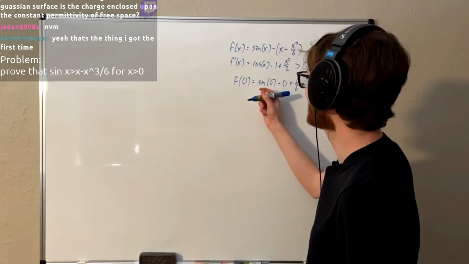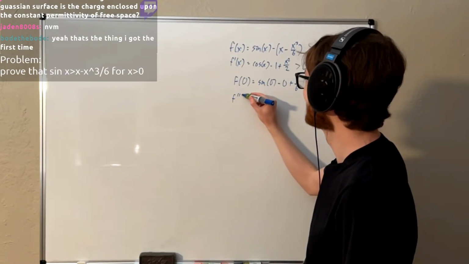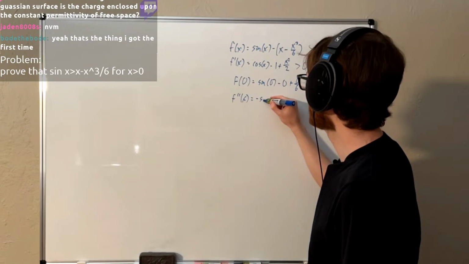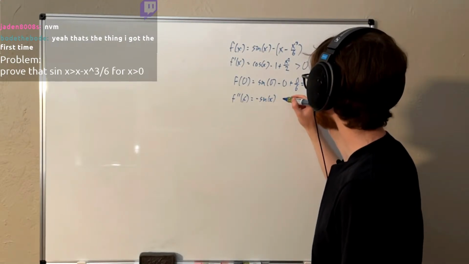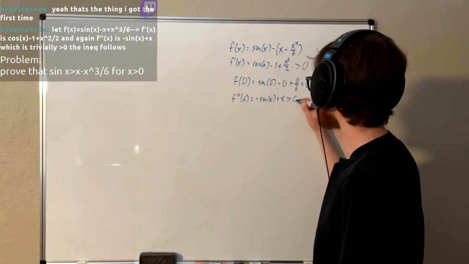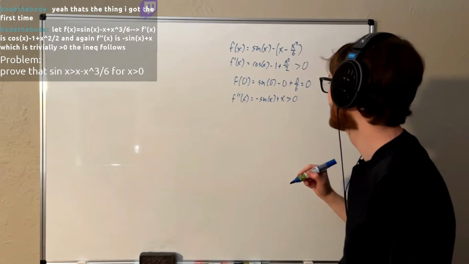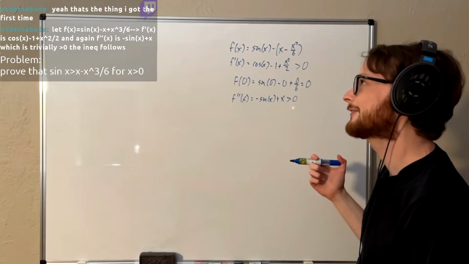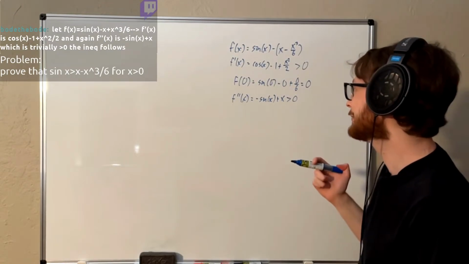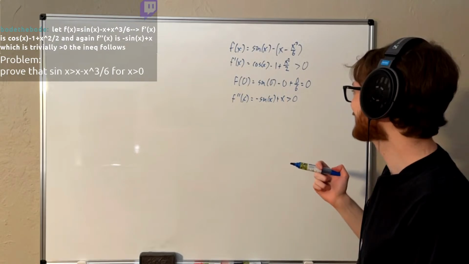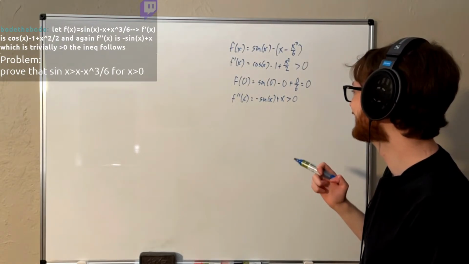So if we look at the second derivative, cosine x derives to minus sine, that derives to just x, and we're interested where this thing is greater than 0. You said it's trivially greater than 0, VOD, which I guess I don't know how hardcore we need to be about this.